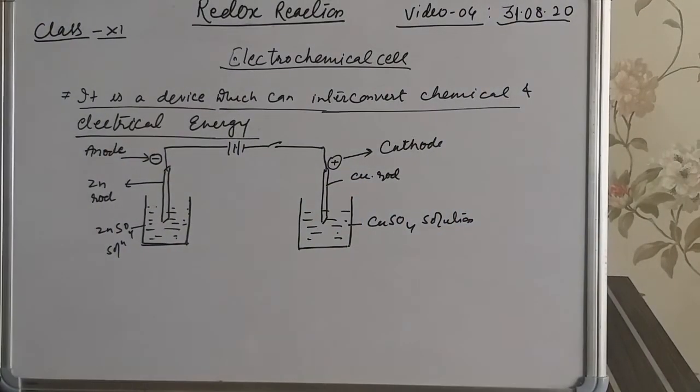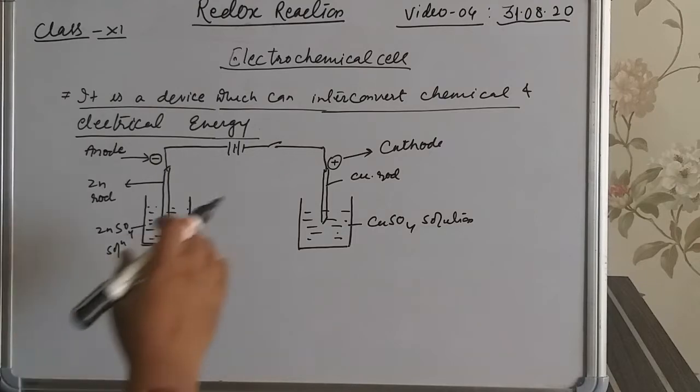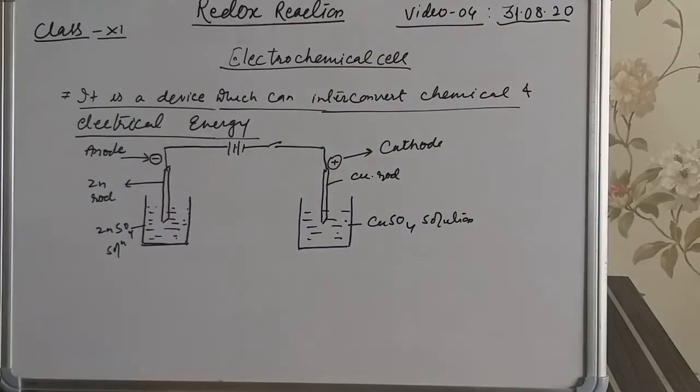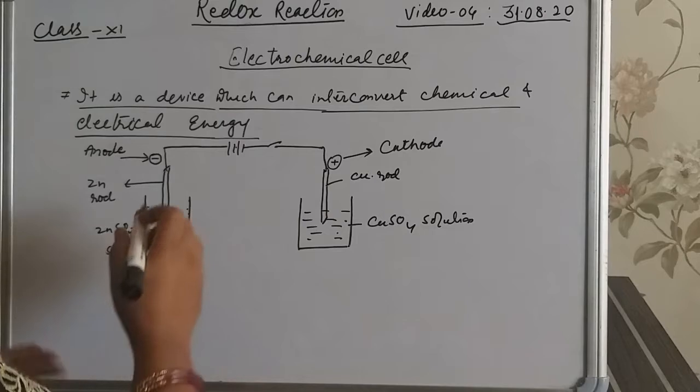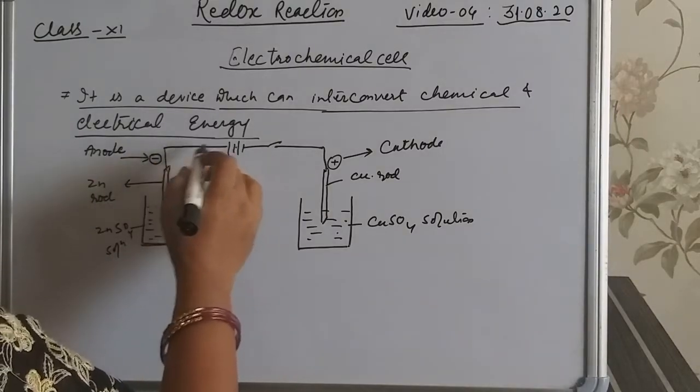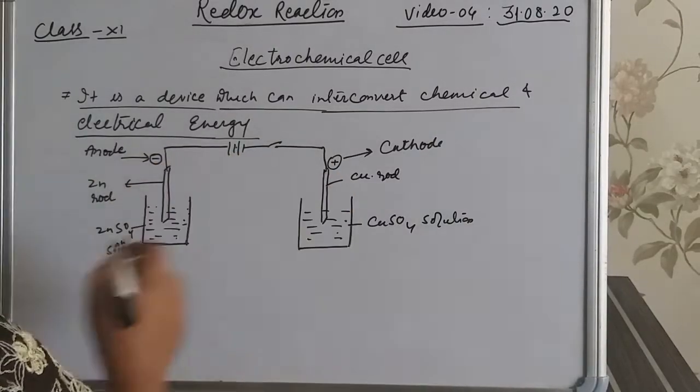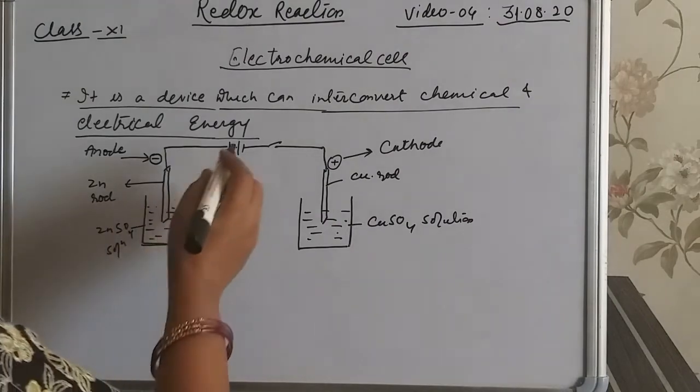The negatively charged electrode, in which oxidation takes place, is always placed on the left side, and on the right side the positive electrode is made, which is called the cathode. Left anode and right cathode.